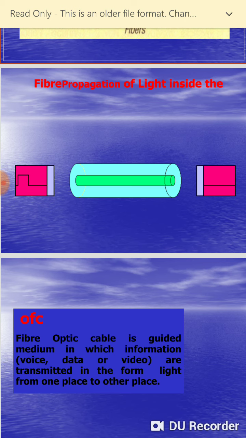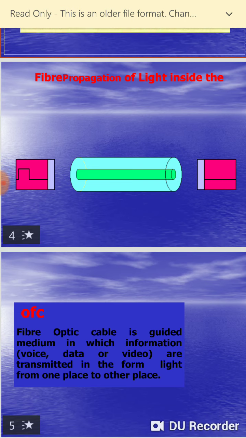So the optical fiber cable acts as a guiding medium which guides the voice, data or video to travel in a particular direction. That's why it is called a guided medium for light propagation, or a light waveguide.